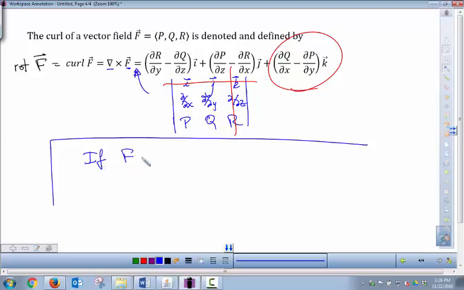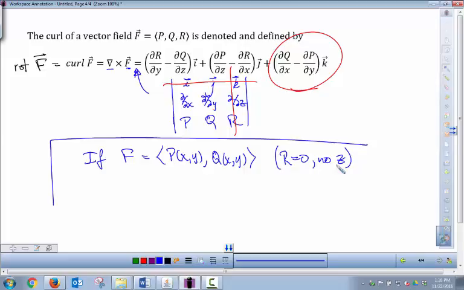If F is equal to P of x, y, so it's only a 2-dimensional vector field, Q of x, y, and then we can assume that R is equal to 0, and we can assume that there's no z component.